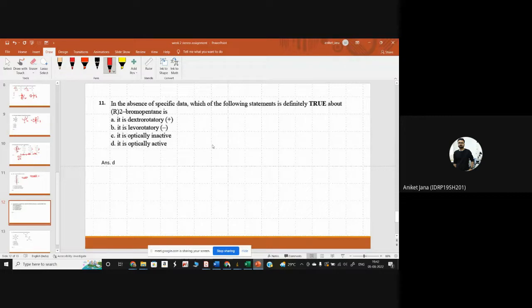So tell me which one is the correct option. True about the R2-bromopentane. In the absence of specific data, which of the following statements is definitely true? Other than any kind of data, which one is absolutely true?